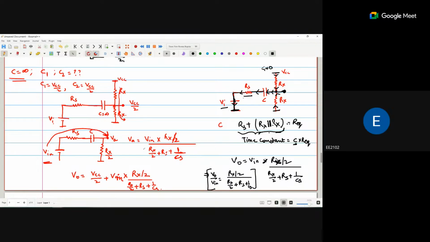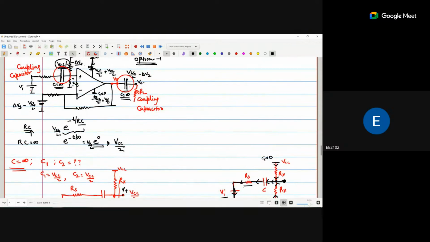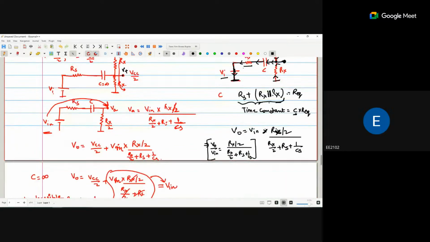Either the V out by V in, V out, we are saying this particular voltage, not the output voltage of operational amplifier. This is the positive terminal of the operational amplifier, so this is the V plus. So better that you represent it as V plus.